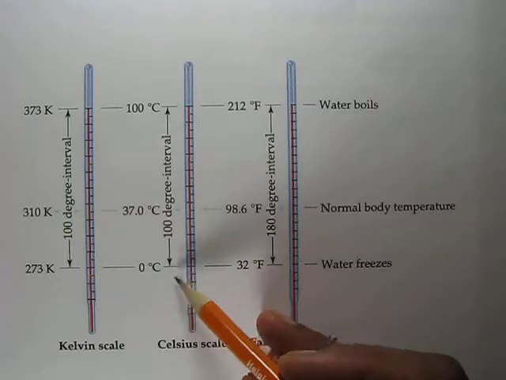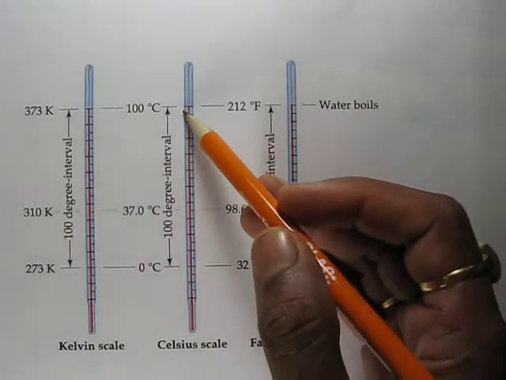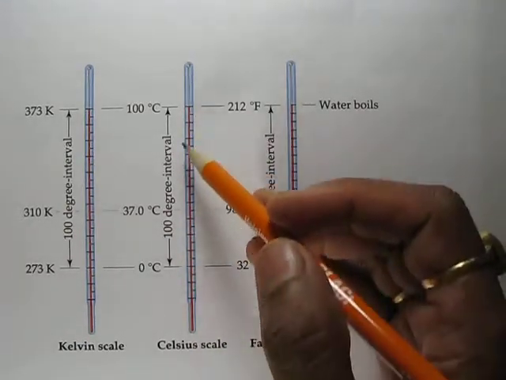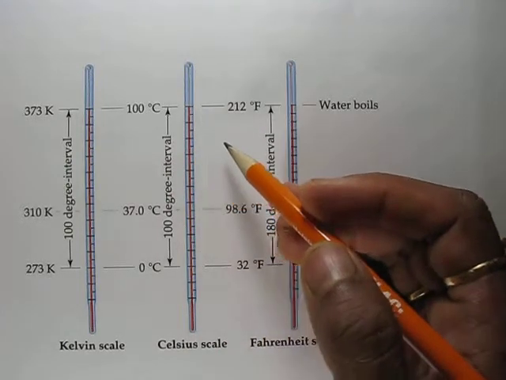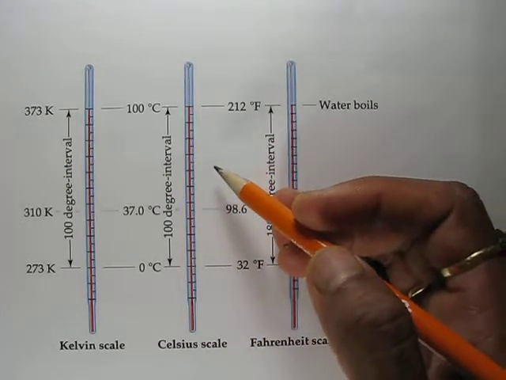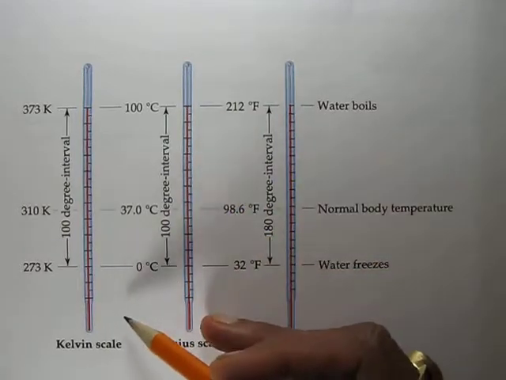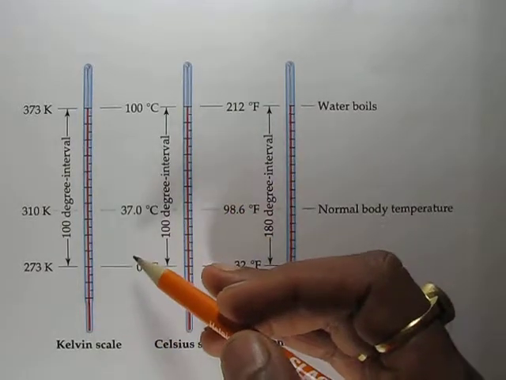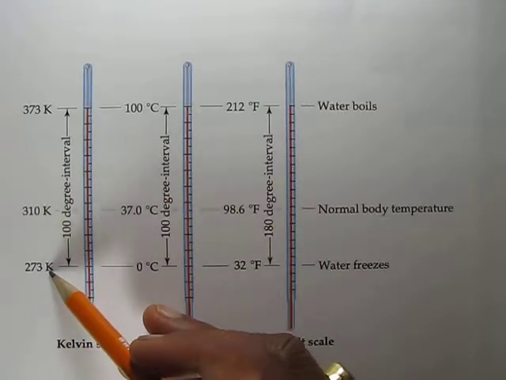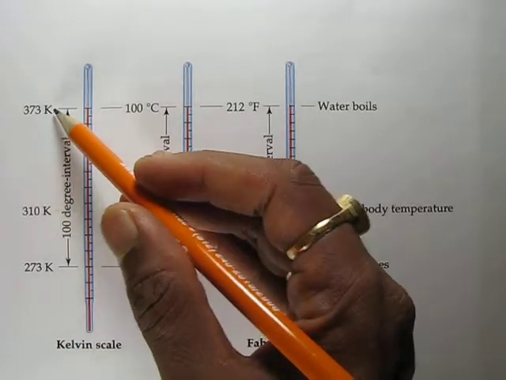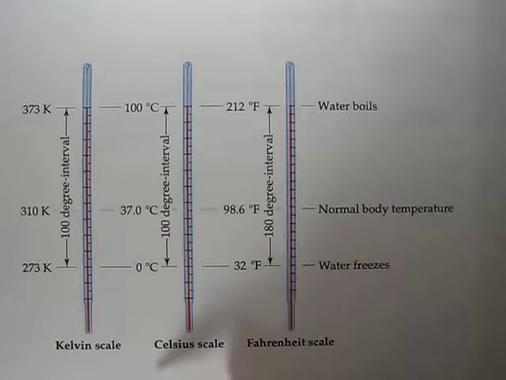Water freezes at 0 degrees Celsius and water boils at 100 degrees Celsius. So the Celsius scale depends on the water property, and then the Kelvin scale is based on the gas properties. So it starts from 273 Kelvin and ends at 373 Kelvin, sorry.